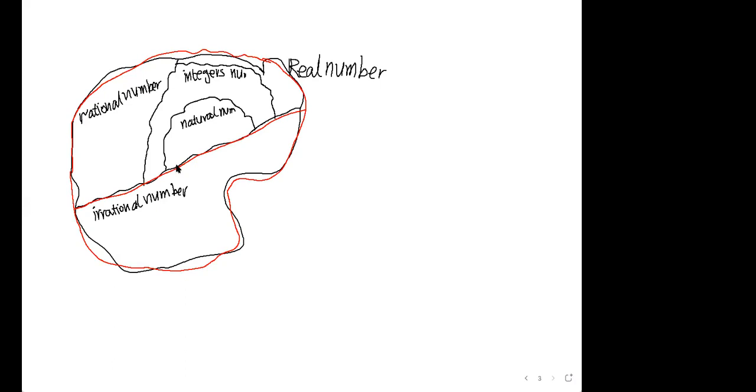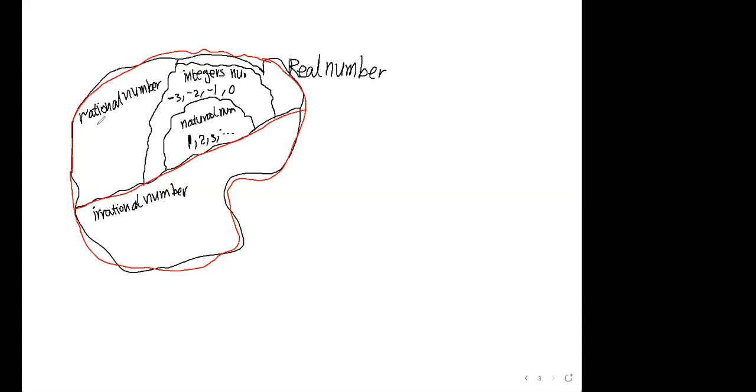So here, for example, natural numbers are number 1, number 2, number 3 to infinity. Integer numbers are like -3, -2, -1, and 0, and the natural numbers 1, 2, 3.